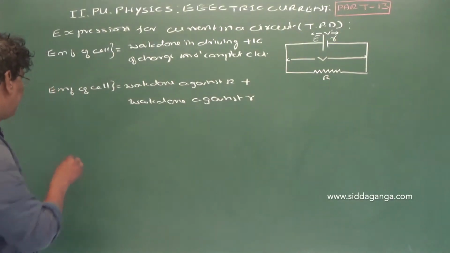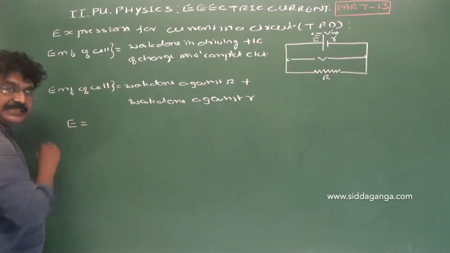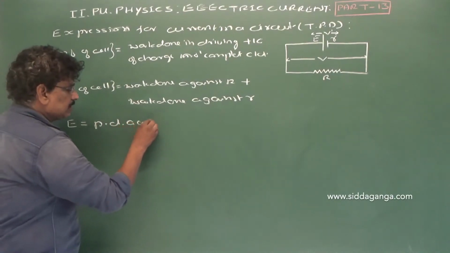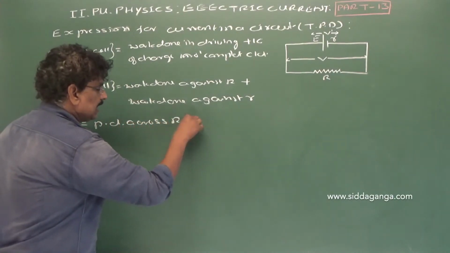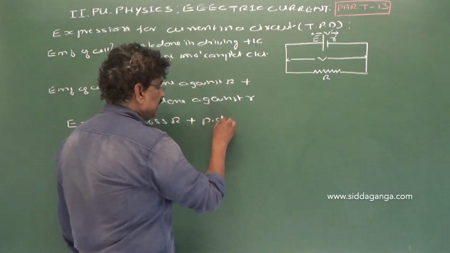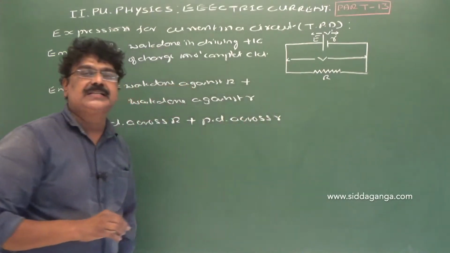Therefore, the EMF of cell E is equal to potential difference across external resistance R plus potential difference across internal resistance r.